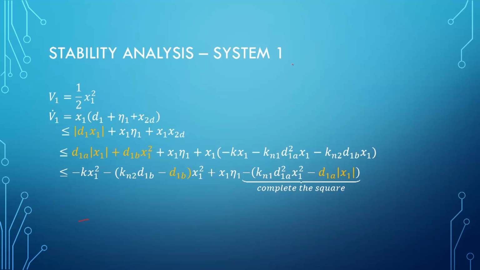This is bad terms, right? And these bad terms can be combined with the good terms because you have x1 squared, you just put the coefficient together. And this one is another good term. And this one can be cross terms, so we just keep the same terms. You don't need to do the upper bound, okay?